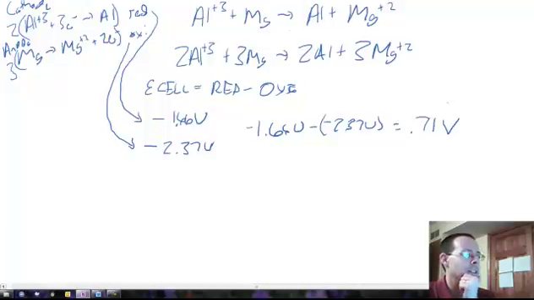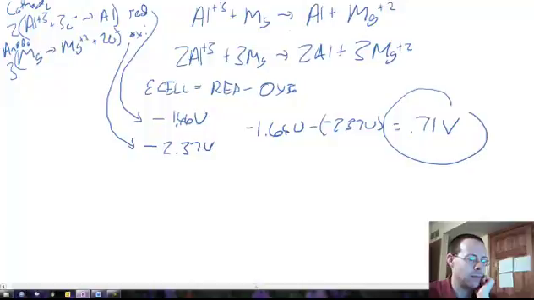So what is interesting about this is, what does voltage not depend on? And this is super important. E cell, or voltage, does not depend on how we balance our half reactions. Okay?